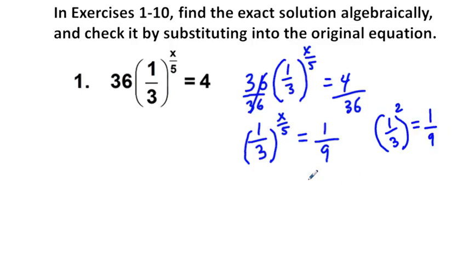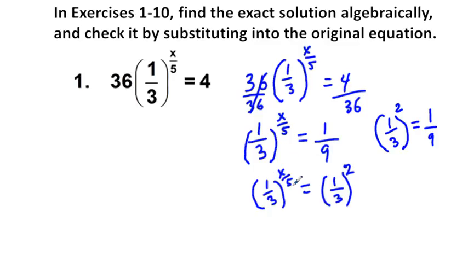So therefore, on the left side I can just rewrite the equation: we have (1/3) to the power of x over 5. On the right side, we replace 1/9 with (1/3) squared.